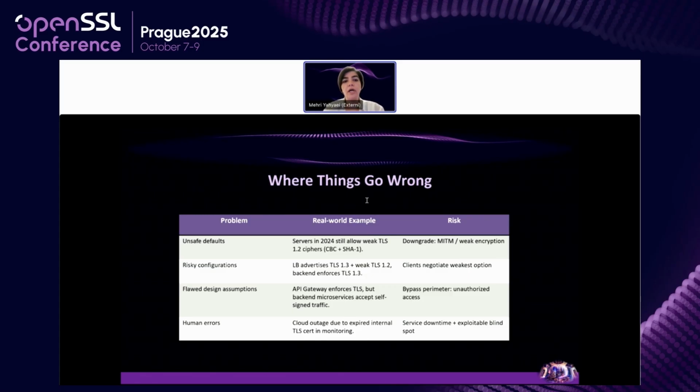We need to know more about the misconfigurations and mismanagements of modules like OpenSSL to build the best threat model in the network.